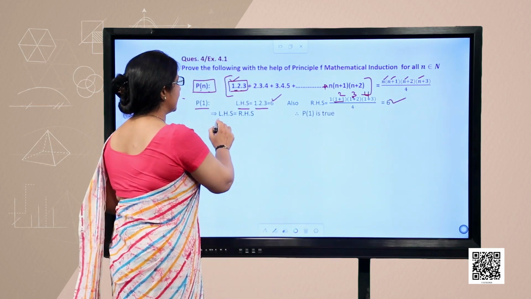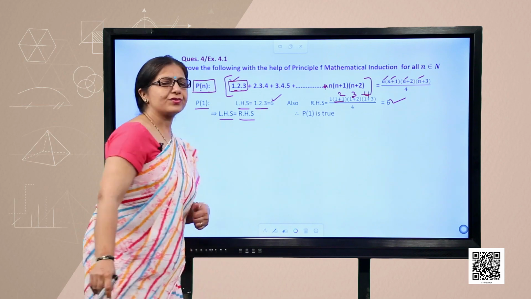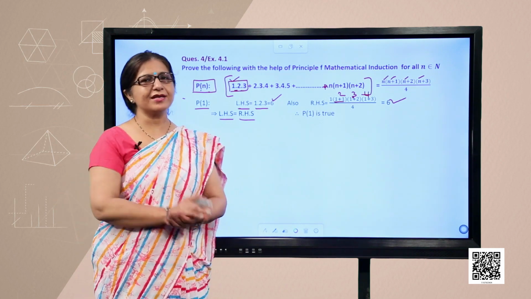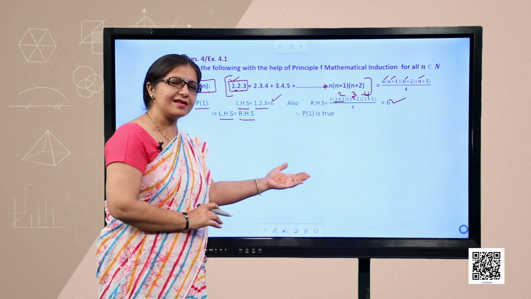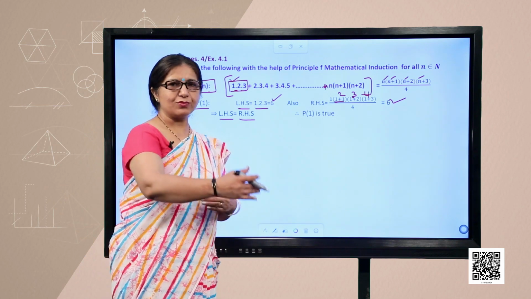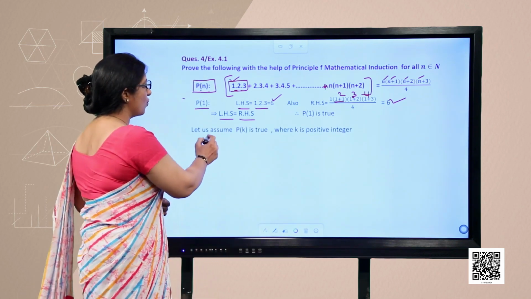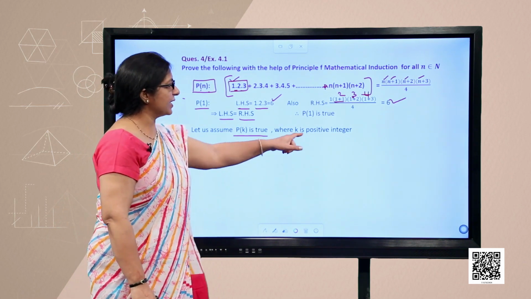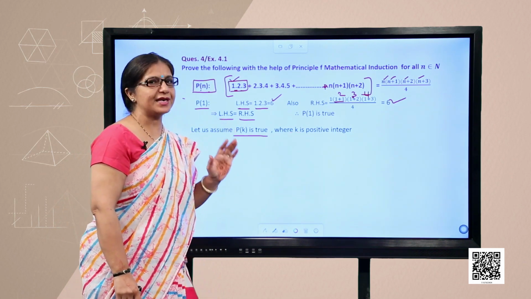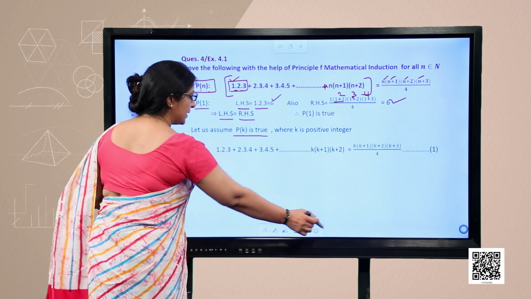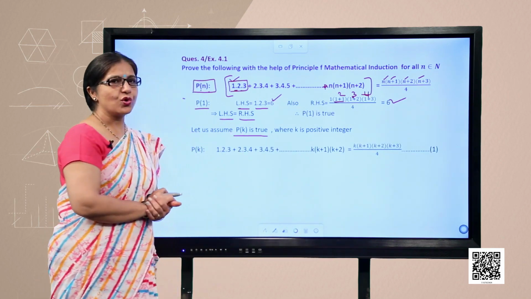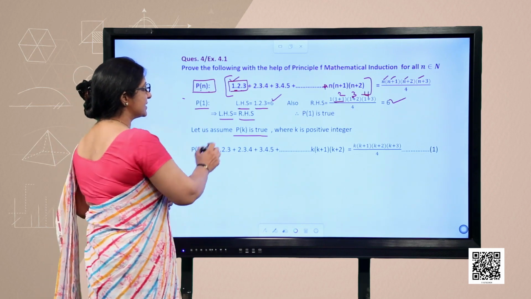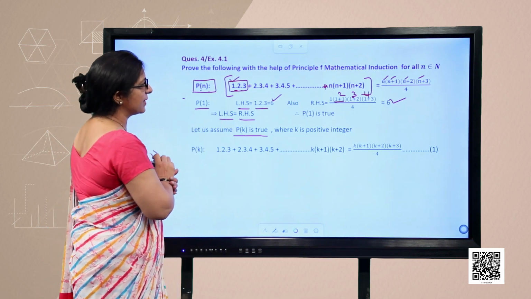So, we can say that the left hand side is equal to the right hand side, therefore, P(1) is true. So, this gives us a signal that we can move further by assuming that P(k) is true, where k is any positive integer. After assuming that P(k) is true, we shall prove that the statement is true for P(k plus 1).